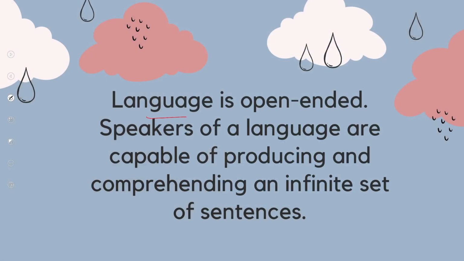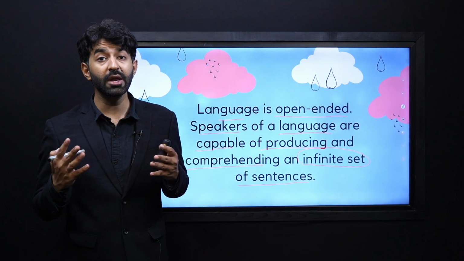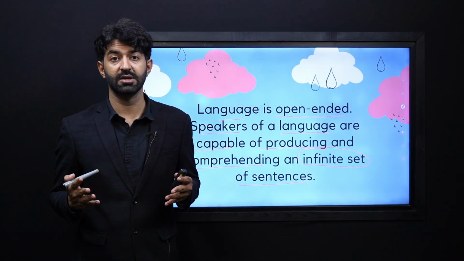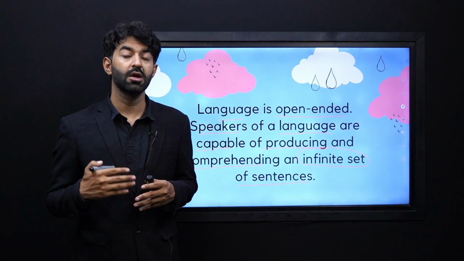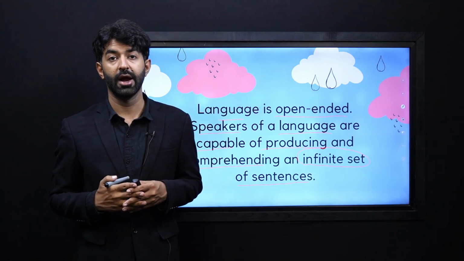Now, language is open-ended. Speakers of a language are capable of producing and comprehending an infinite set of sentences. There could be so many sentences that can be said and comprehended.